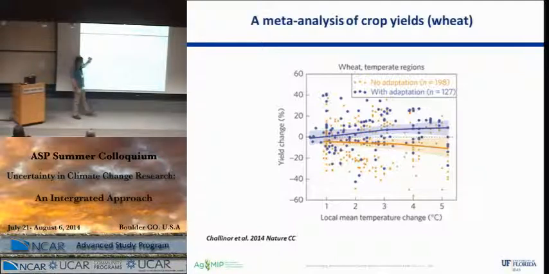I put one figure up to make one point. First, you can see there have been a lot of studies. They plotted the impact as % yield change, for wheat. They separated no adaptation from when they applied adaptation, and plotted them over local mean temperature change. So if someone did an experiment where they increased the temperature by 2 degrees, they plotted it around here and saw, okay, you get this response.